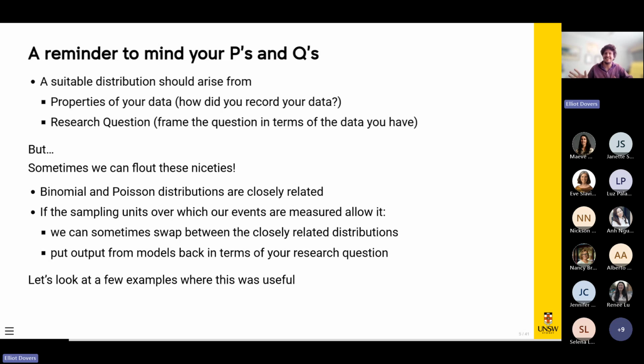I'm not suggesting that this is the absolute definitive way to approach these types of problems, but I think it's a handy way to get you thinking a little bit more about your event data and what it means, and hopefully also to give you some practical skills to be able to do some of these analyses in R. So I'm going to use mainly the GLM and TMB packages, so some generalized linear mixed models, and then using estimated marginal means to get output from our model to answer research questions.